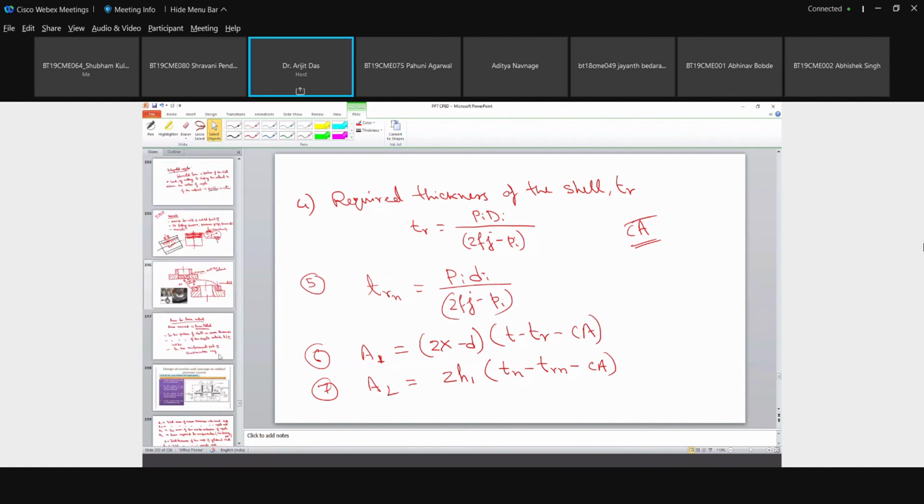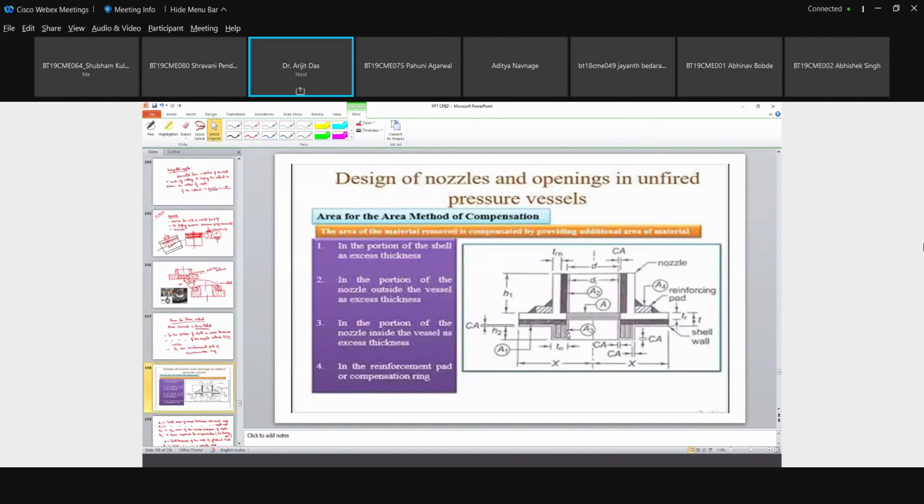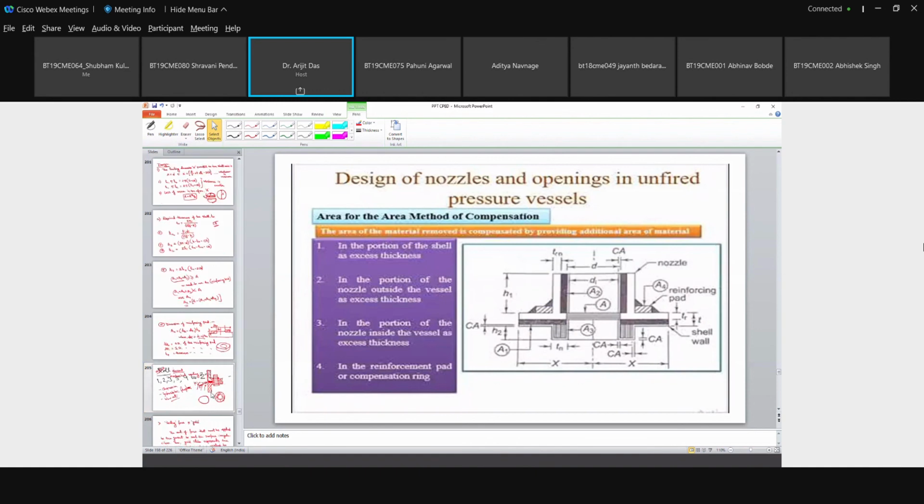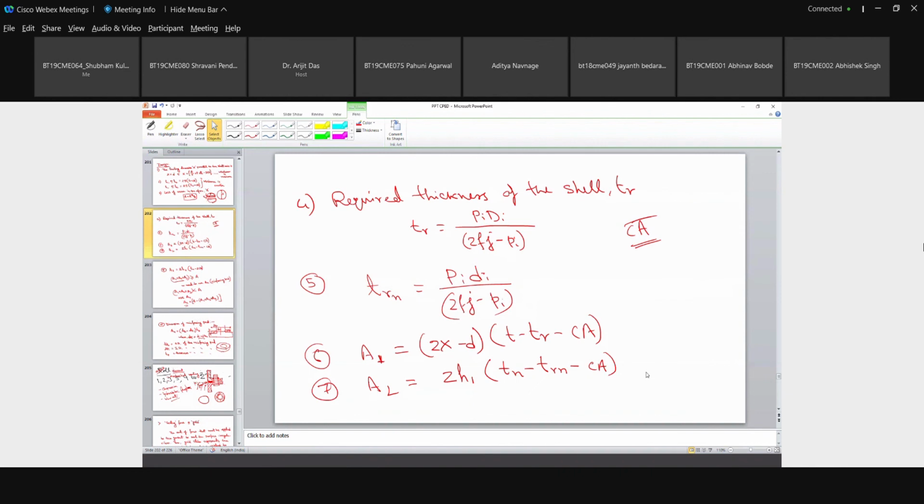That is here, this area A1 and A2. If you calculate it yourself, it will be like this.